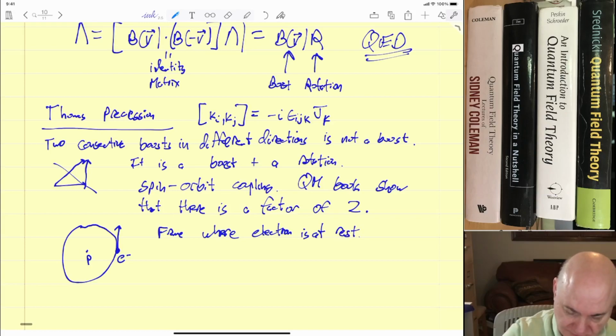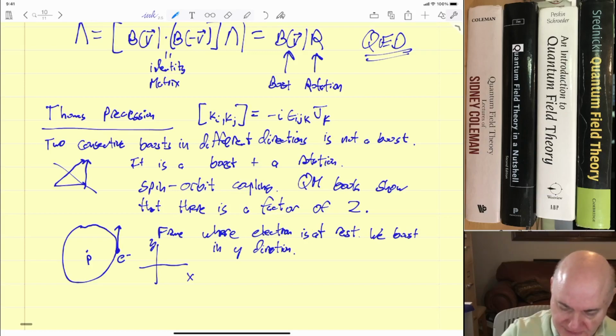To do this, let's say this is x, y. At this particular spot, we boost in the y direction. But in this frame, the electron is at rest, yet it's still going to feel a Coulomb force.